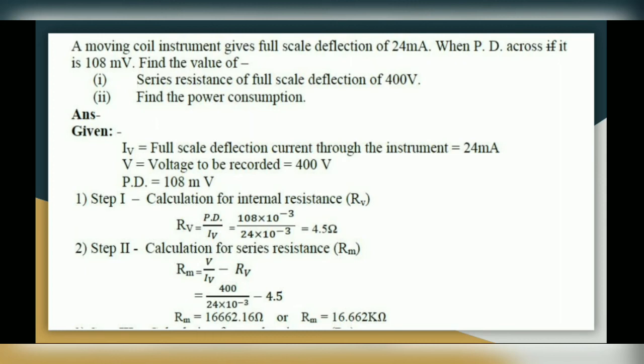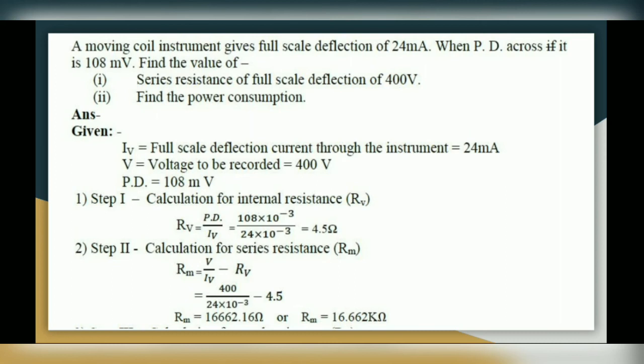So you can write it as 108 into 10 raised to minus 3 divided by Iv, which is 24 milliampere. You can write it as 24 into 10 raised to minus 3. So you get the value of Rv is 4.5 ohm.